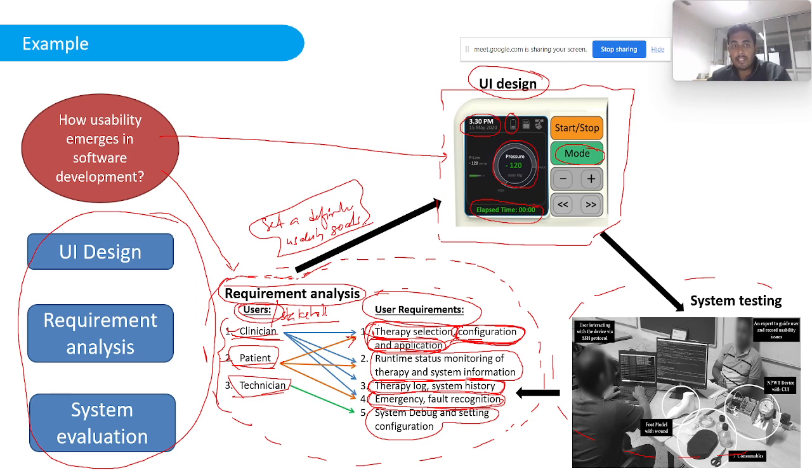So first, setting a set of definitive usability goals is required. Next, we already know, is designing the user interface. Based on the user requirements, we come up with various interaction ideas, and then we try to come up with the most optimized solution.